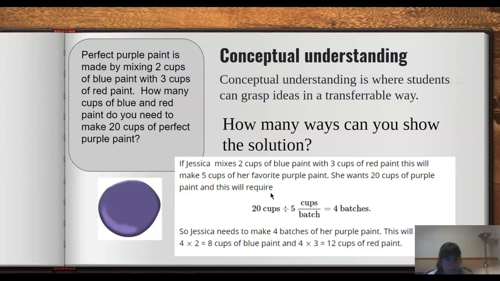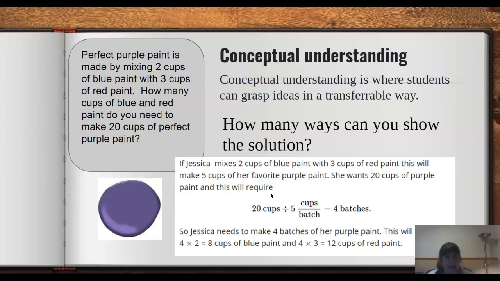They take the 20 cups divided by the 5 cups, and they get the idea that they're going to need 4 batches of it. Then they go down one more step and they take the 4 batches times the 2 cups to get 8 cups of blue paint, and then they have the 4 batches times 3 cups to get the 12 cups of red paint. And then we stop there.